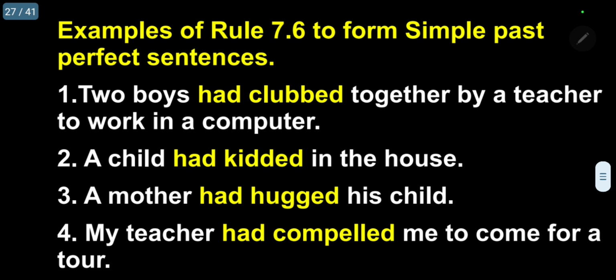Let us discuss a few examples. Number one, two boys had clubbed. Club ends with B, the vowel is U, so double B: clubbed together by a teacher to work on a computer. A child had kidded in the house.